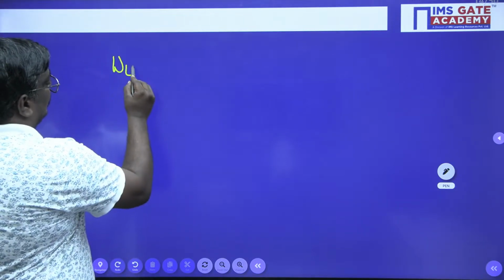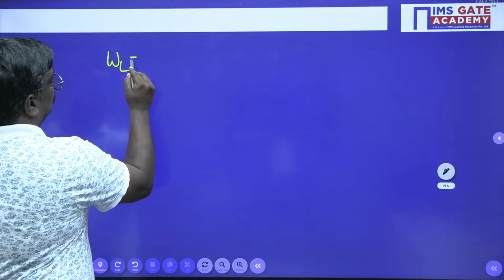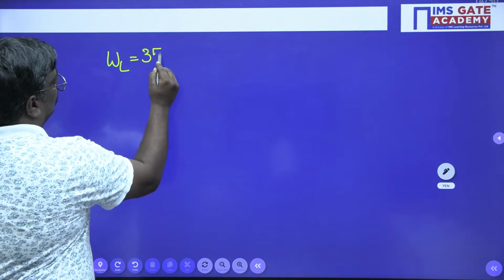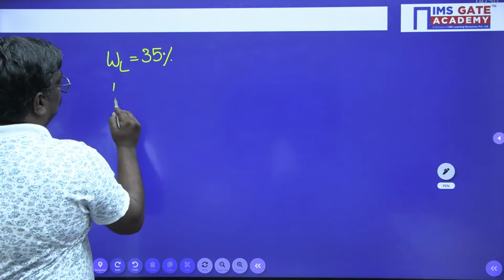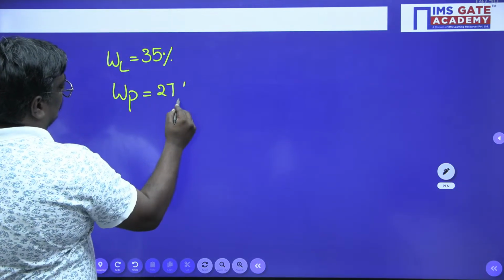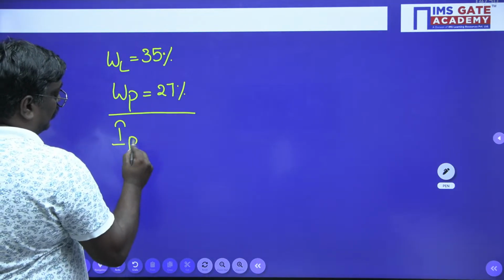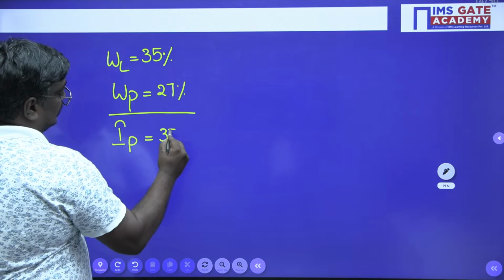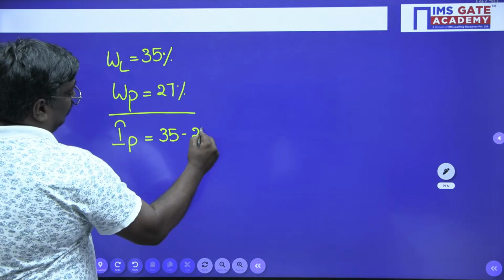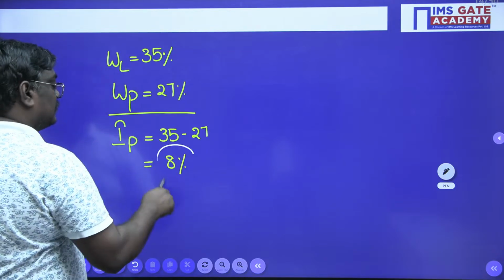Liquid limit is given as 35 percent, and plastic limit is given as 27 percent. When I talk about plasticity index, IP is equal to 35 minus 27, that will be equal to 8 percent.